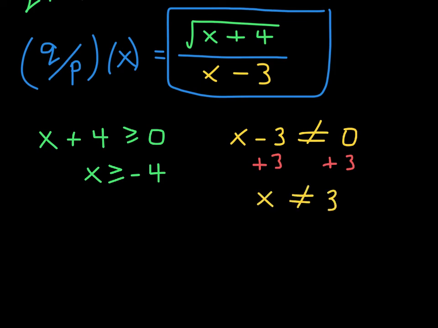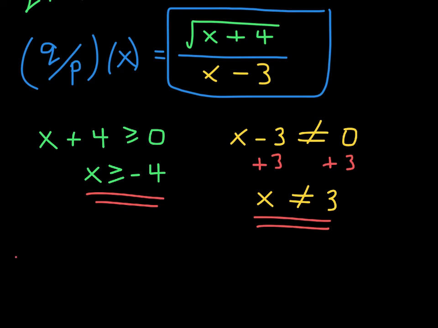With both of these conditions together, we see that the domain must include values that are greater than or equal to negative 4 and at the same time not 3.